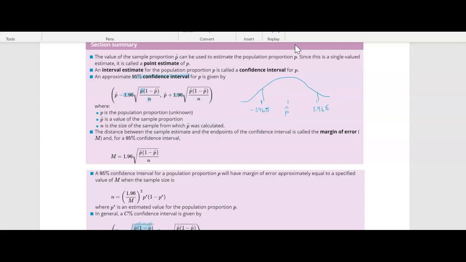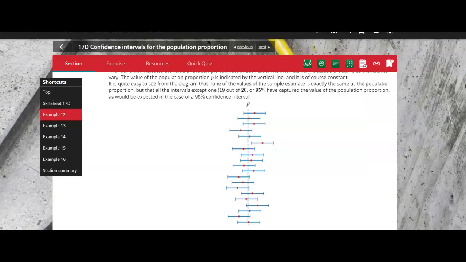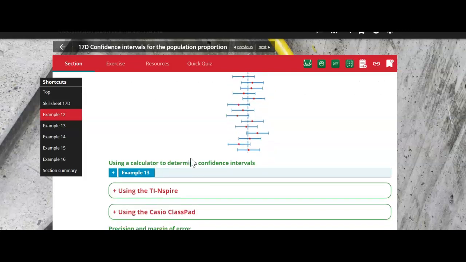So that's 95%. It's just looking at this distance here and this distance here. So the confidence interval. I'm going to go back to the textbook and we'll watch a video.